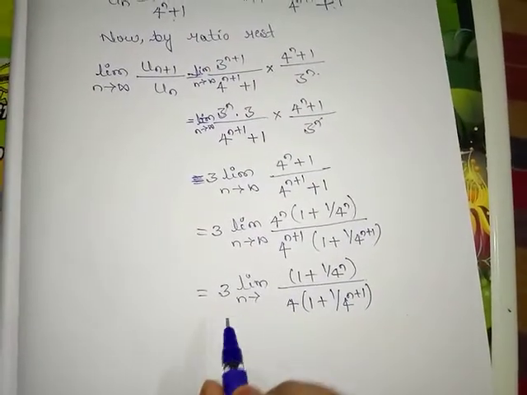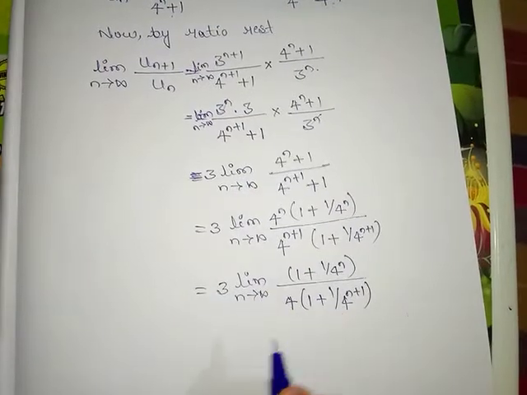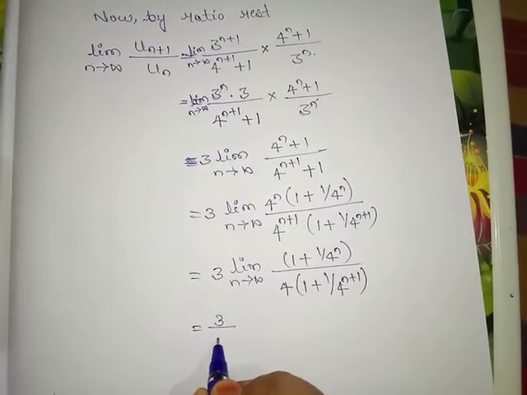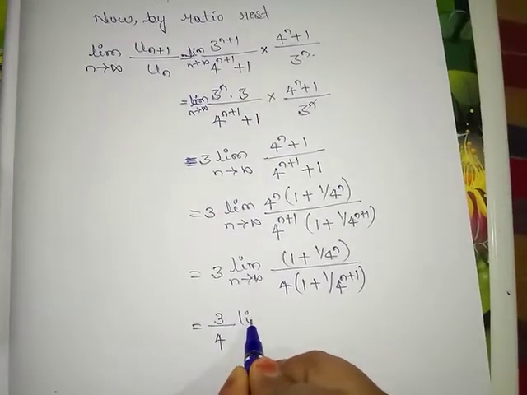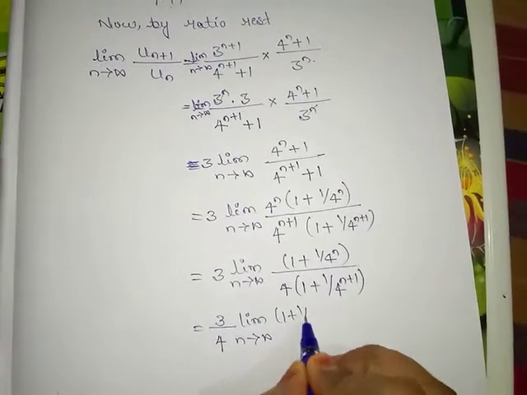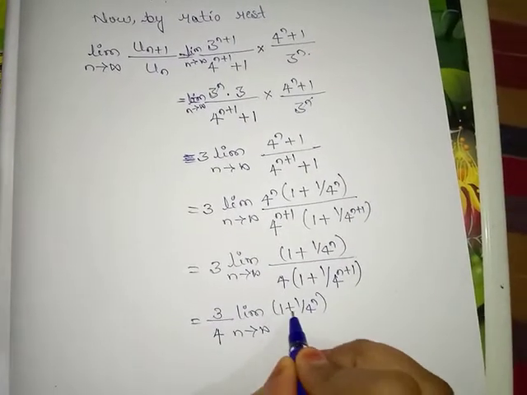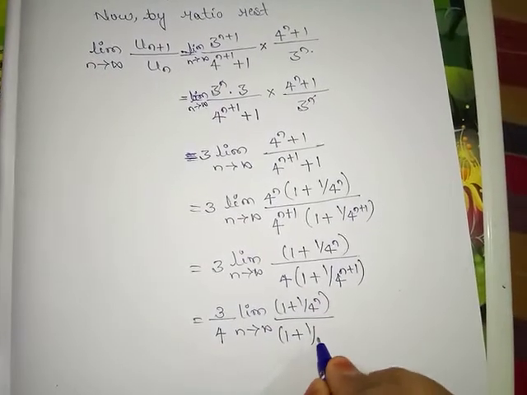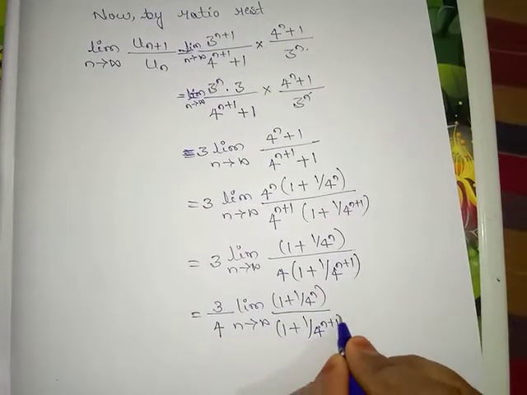Okay, now 1 by 4 is also a constant value, so you have to take it outside the limit: 3 divided by 4 into limit n tends to infinity of 1 plus 1 divided by 4 raised to n, divided by 1 plus 1 divided by 4 raised to n plus 1.